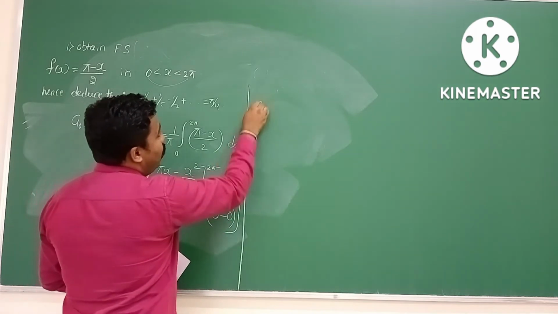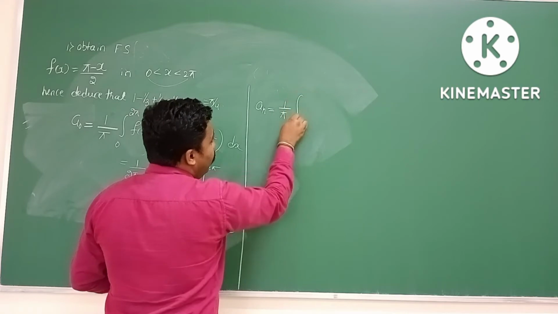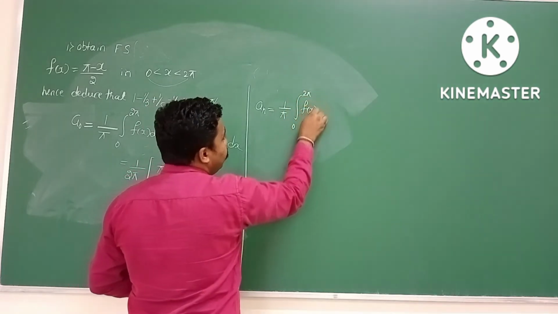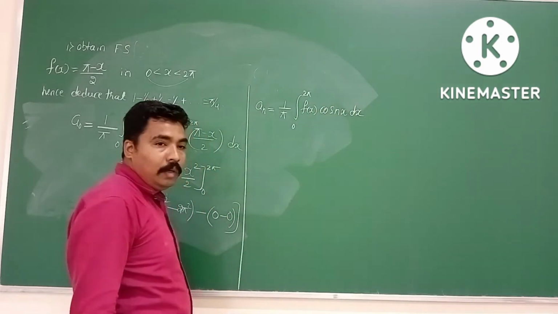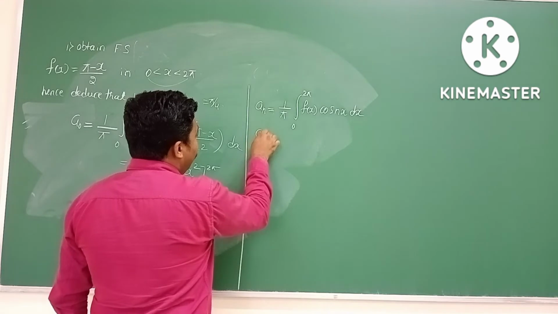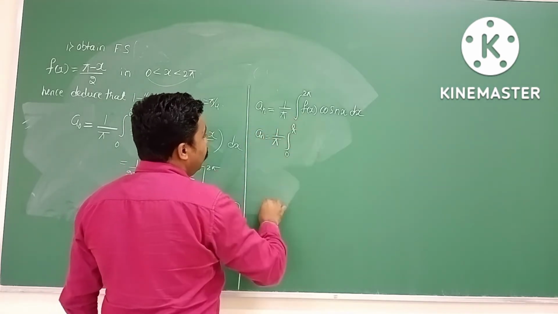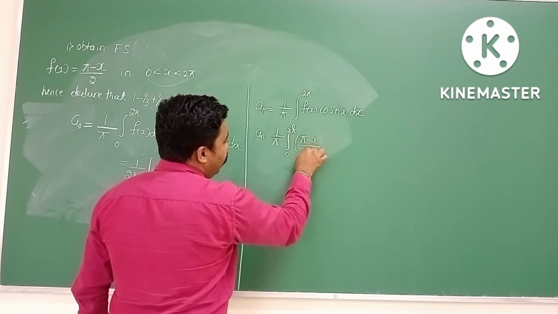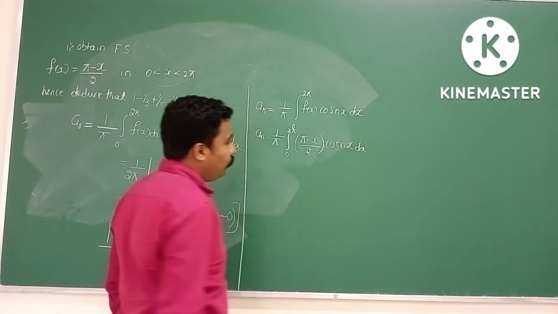value. So how to find an: an equals 1 by pi integral 0 to 2 pi f of x cos nx dx. Here f of x is (pi minus x) by 2, so cos nx dx.